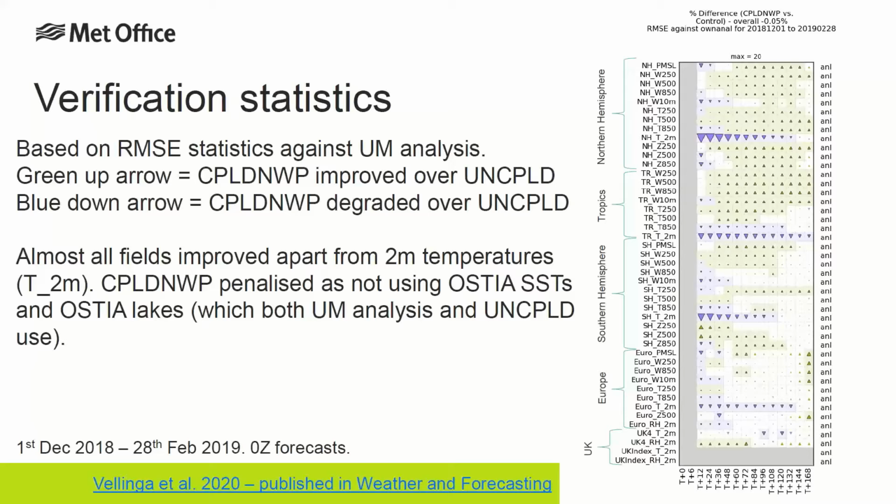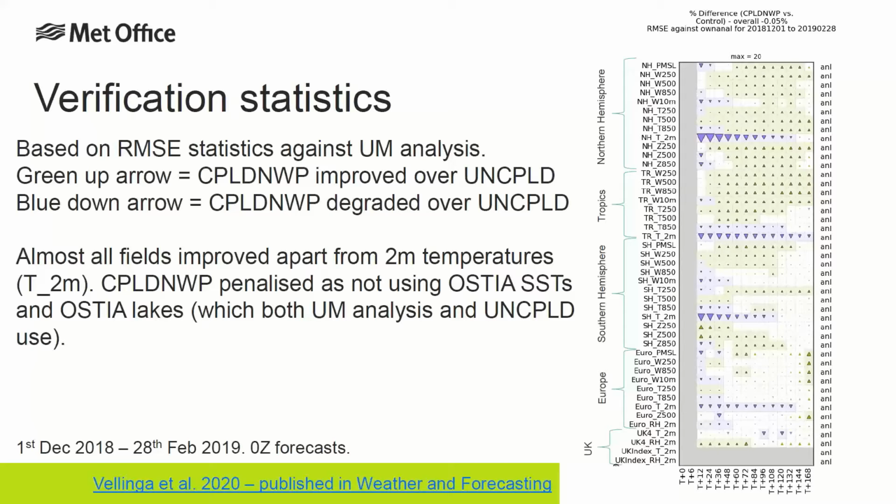We've got pressure at mean sea level, the winds at various heights, temperatures at various heights, and the geopotential heights at various heights in the different regions. The green up arrows are where the root mean square errors have reduced and the model has improved, and the blue down arrows are where the root mean square errors have increased, so the model has degraded.